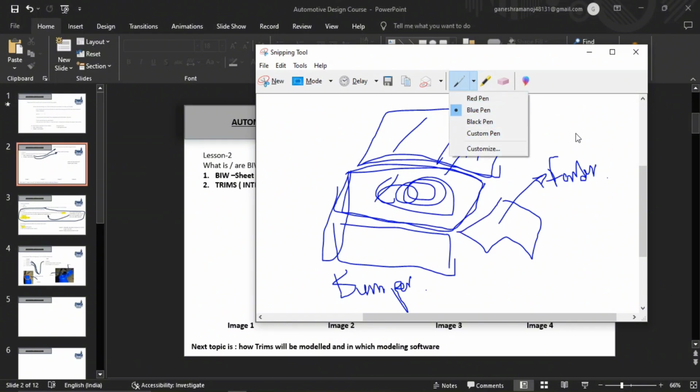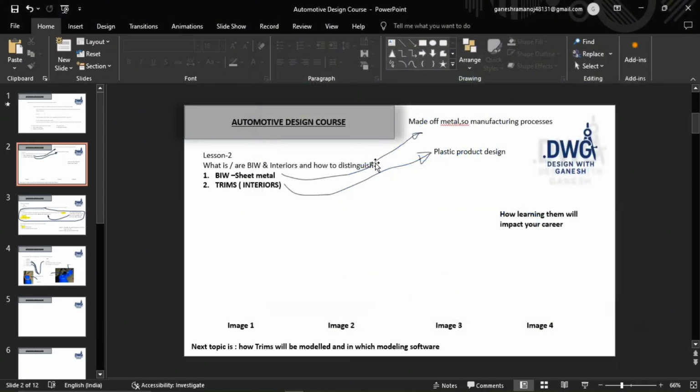So you cannot make it blindly. While making a BAW, we will see all those things. More especially, the BAW is a metal part and trims are plastic parts, so I cannot use the same process for manufacturing these two.